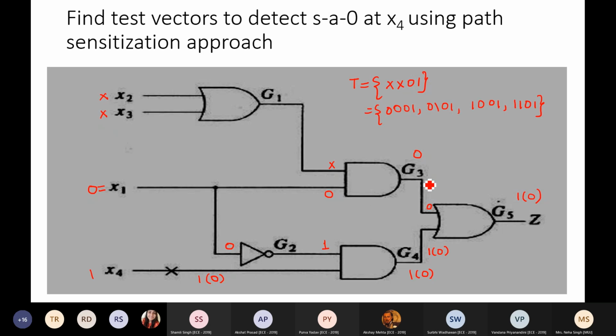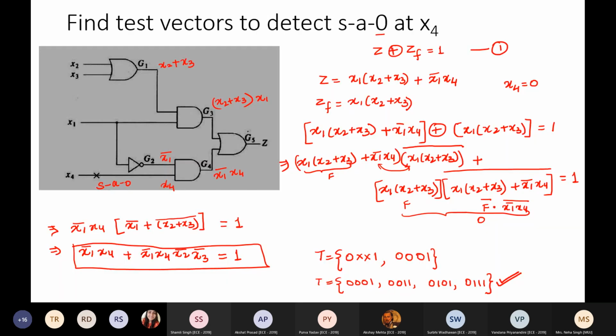Okay? These are the 4 test patterns which can be used to detect this stuck at 0 fault at X4. This approach is called path sensitization approach, and this is the approach which uses the XOR of Z and the faulty circuit ZF.